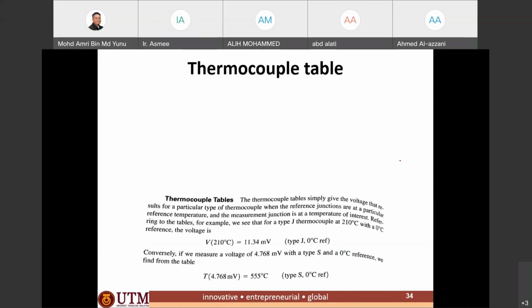The table I will put later in the e-learning. A table of thermocouple basically gives the voltage that results for a particular type of thermocouple.